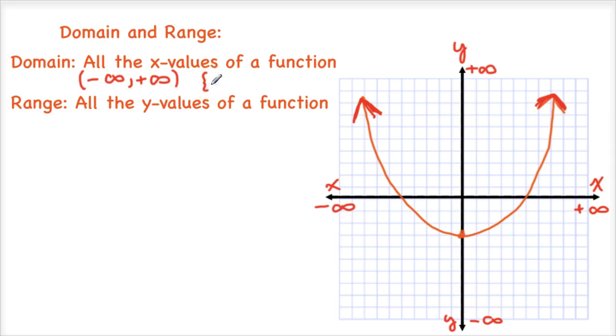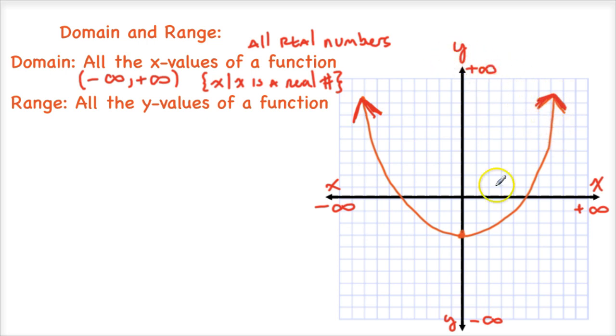If we use set builder notation, we're going to say it's all x values such that x is a real number. And then we could also just write out the domain of this function is all real numbers. Okay, so that means any x value I plug in here from negative infinity to positive infinity would be the x coordinate of a point on this graph.